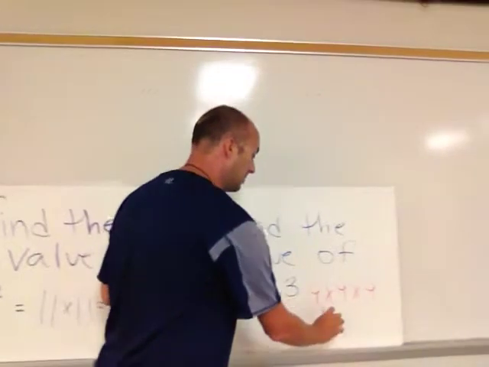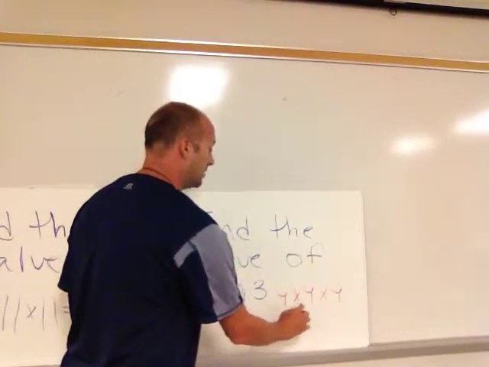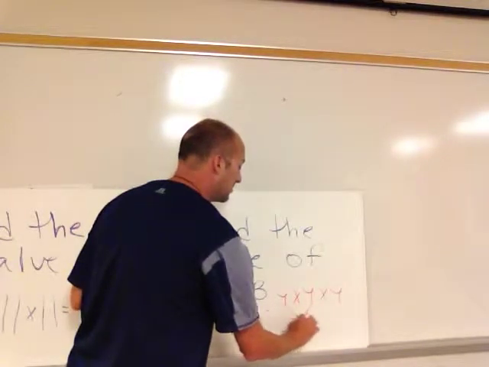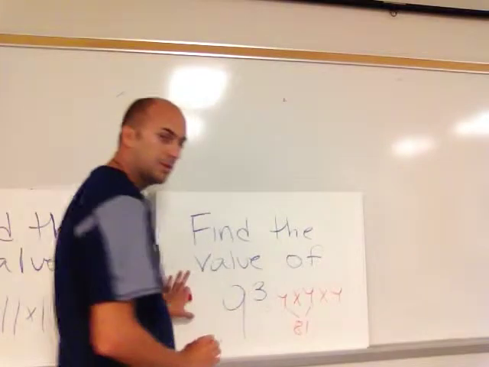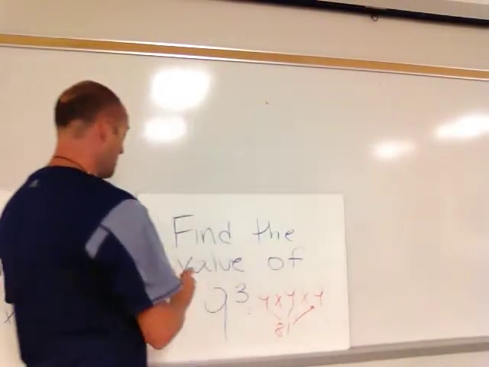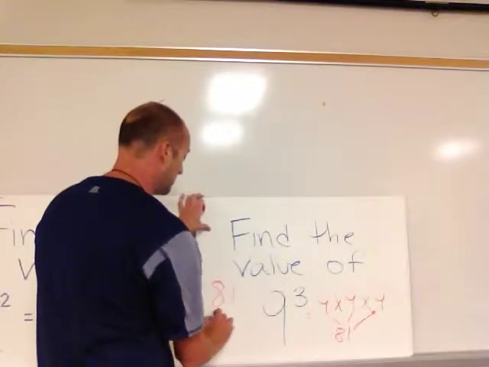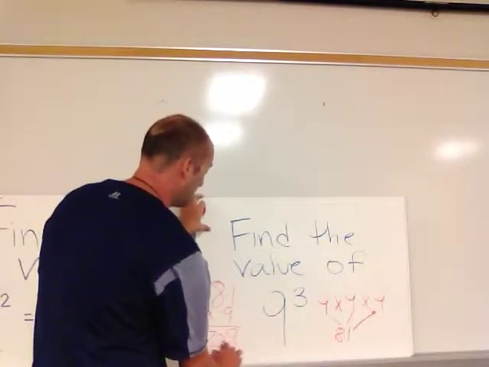We can use some of our properties, and we can say the associative property of multiplication lets me group these. So I'm going to say, well, 9 times 9 is 81. And then 81 times 9, well, maybe I need to go over here just for a second. 81 times 9, that's 9, and that's 72.